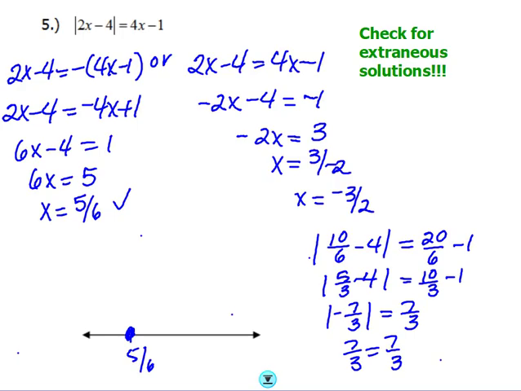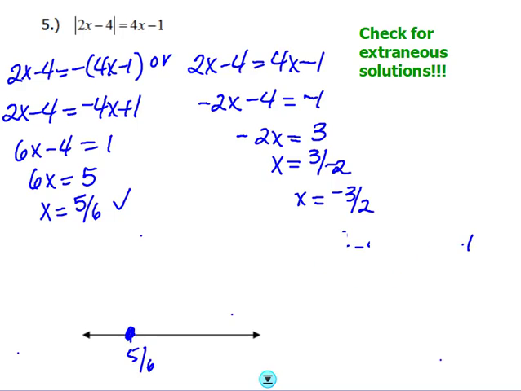All right, let's check negative 3/2. Back into the original, remember. 2 times negative 3/2 is negative 3 minus 4 is equal to 4 times negative 3/2 is negative 6 minus 1.